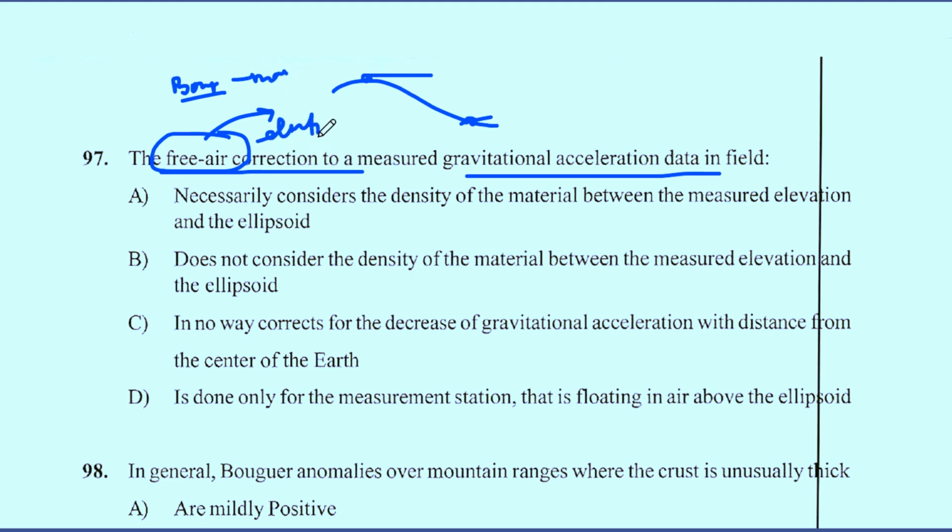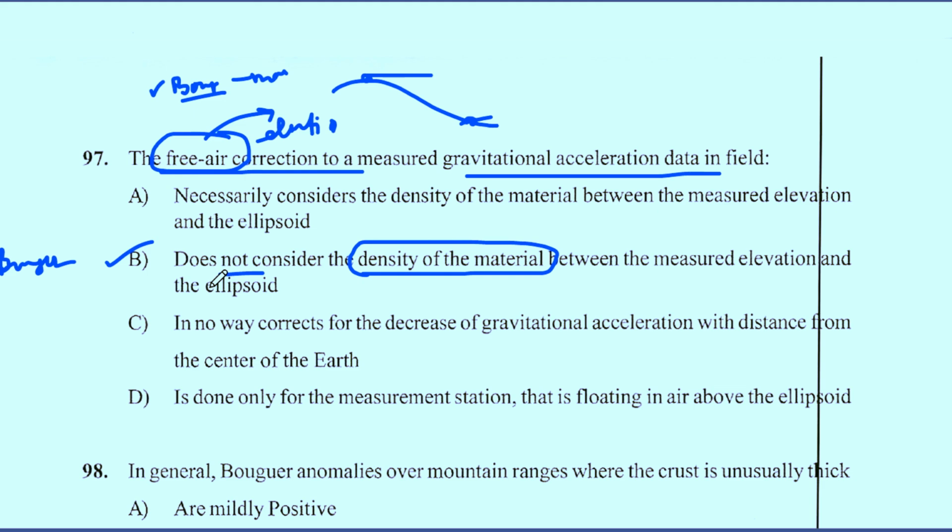So our right option is the one that does not contain the density of material. Density of material is not here, it is present in Bouguer. This option is for Bouguer.